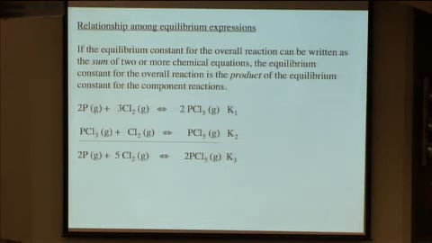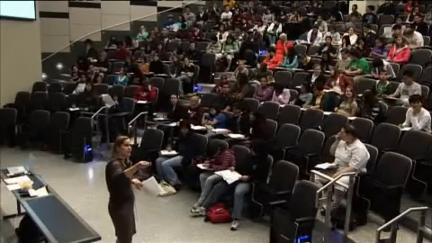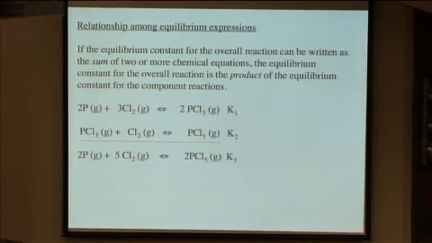So we have 2 P plus 3 Cl2 going to 2 PCl3, and that's equilibrium 1. And then in the next reaction, some of that is being consumed, reacting with another Cl2, giving you PCl5. And the net reaction we're interested in has 2 P plus 5 Cl2 going to 2 PCl5. All right.